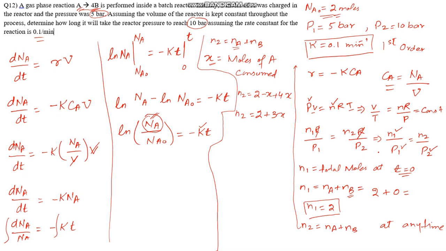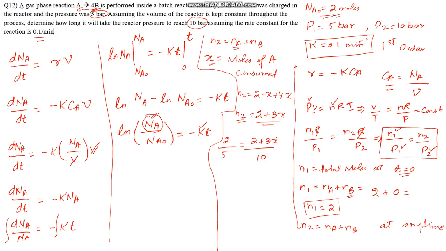Now we have N2 as well. Paste all the values into this equation. N1 is 2 divided by P1, which is 5 bar, equal to N2, which is 2 plus 3X, divided by 10 bar.